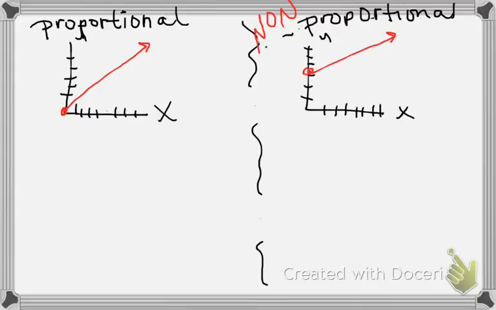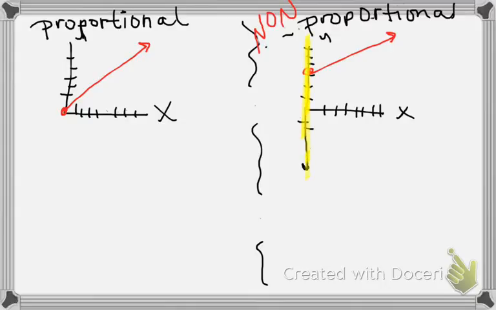Notice the difference in the two, where one starts at the origin, one doesn't, it starts anywhere. Now remember, if we have a y-axis that extends in the negative, it can be anywhere on this y-axis, except for 0.